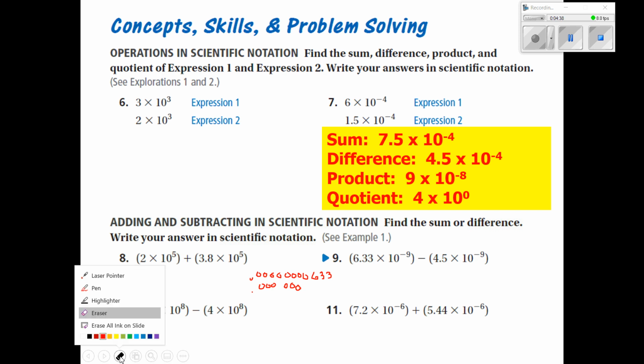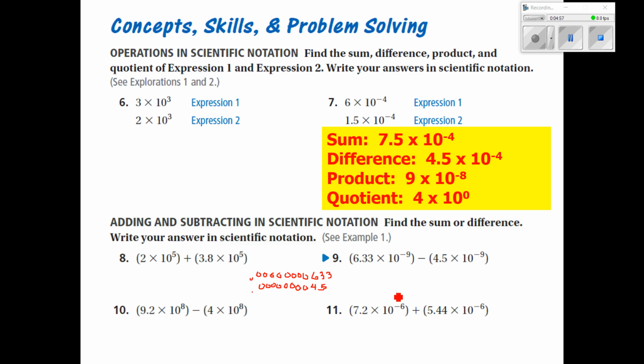I'm going to make those corrections. Should have been a 0 here and here. And then we'd have 4.5. That will actually just be 45, right?